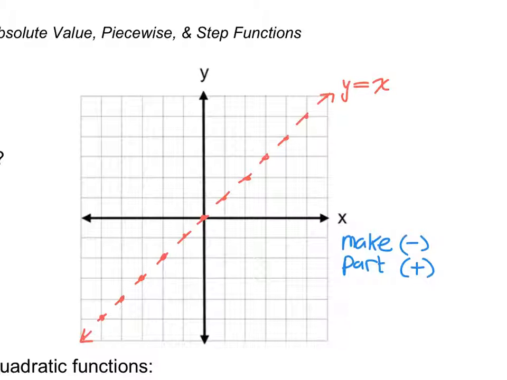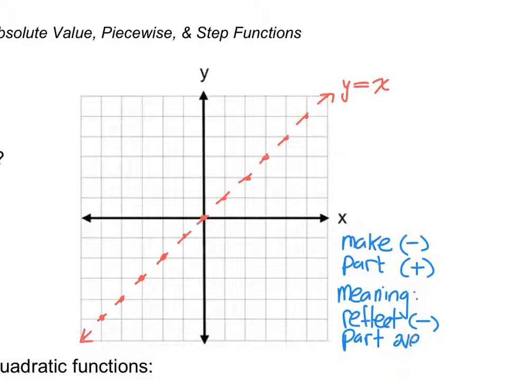Make the negative part positive, aka, meaning, reflect the negative part over the x-axis. So we'll have to talk about what I mean by the negative part, but that at least gets you moving in the right direction. All right, so reflect the negative part over the x-axis.